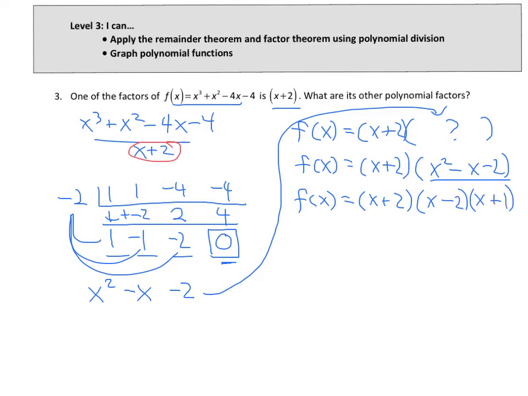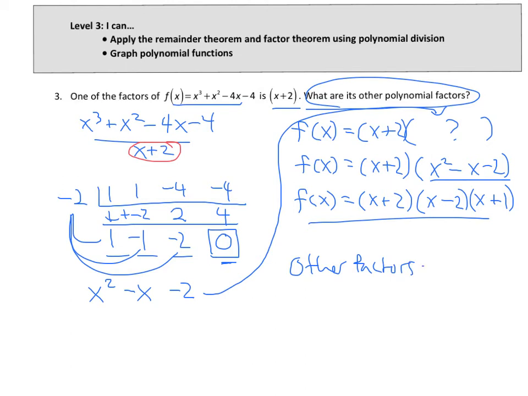And now I have f of x completely factored. The question was, what are its other polynomial factors? Its other factors, besides x plus 2, are going to be x minus 2 and x plus 1.